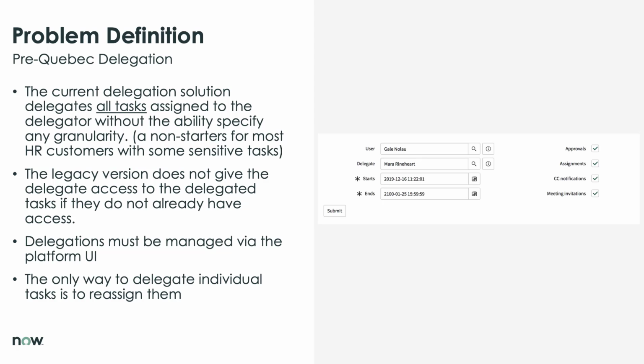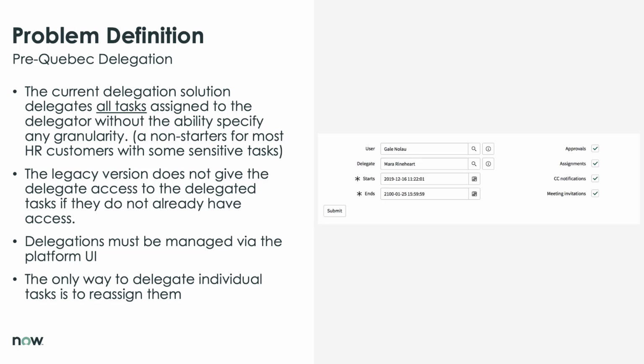There is no granularity there. So for most HR customers, that's a problem because we have some benign tasks that we don't mind being delegated to others, and then we have some very, very sensitive tasks that we do need to have tighter controls on.